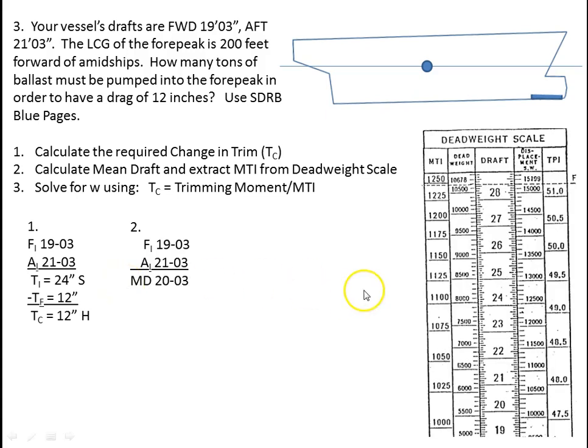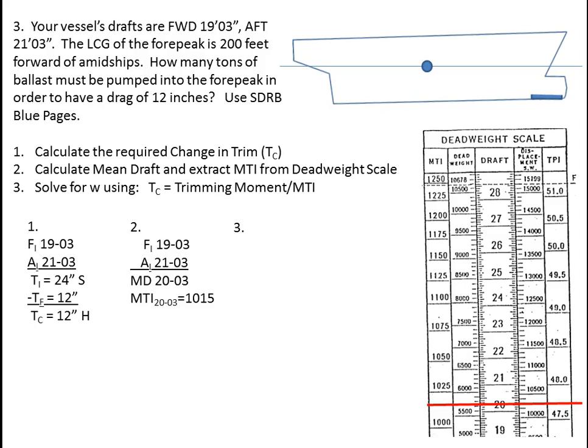So now we're going to go to the deadweight scale. We're going to find 20'03", and then slide over until we get our moment to trim 1 inch. If you look at that, that's 1,000, that's 1,025. That looks like 3/5 of the way there, so that makes it 1015. MTI for a mean draft of 20'03" is 1015. That's foot-tons per inch.